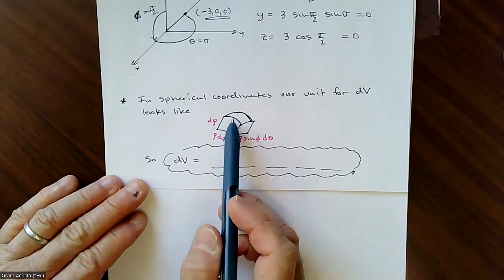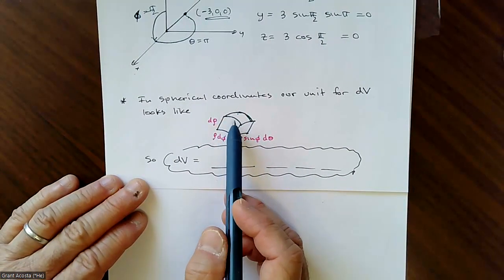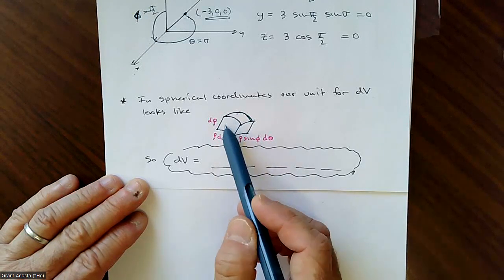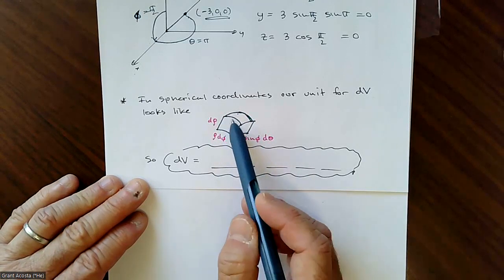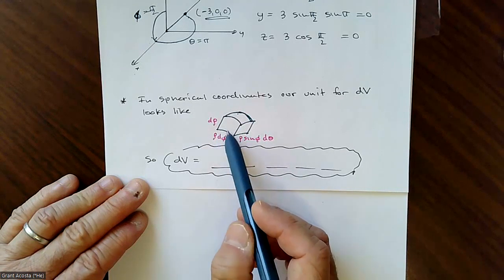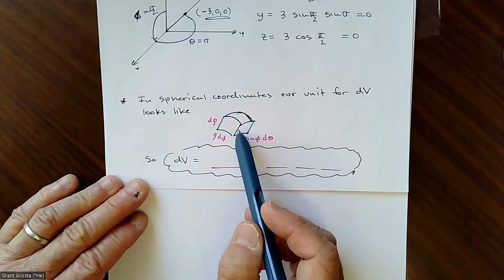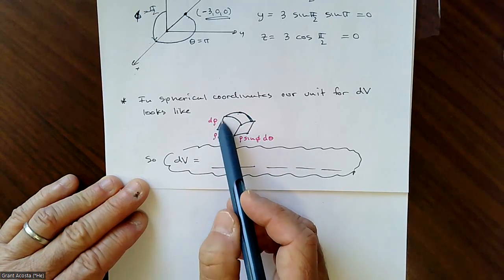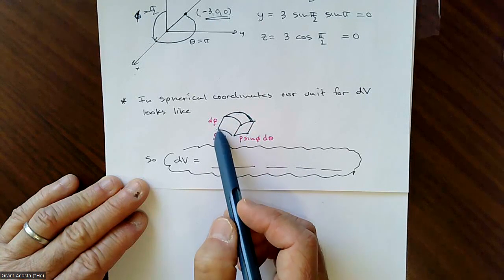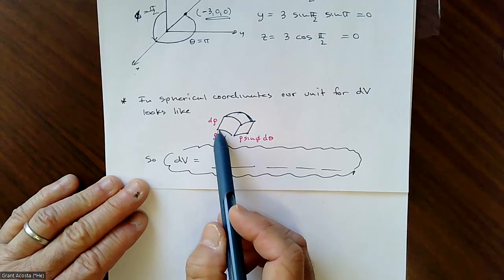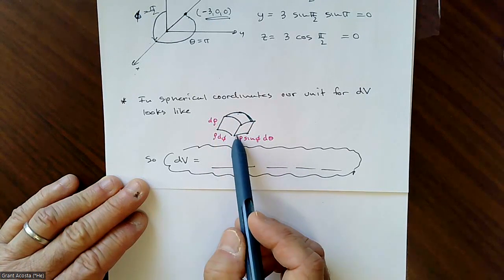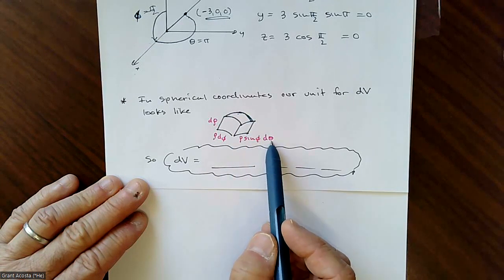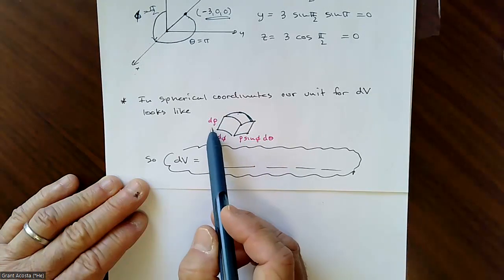Our little tiny unit of volume, if you can imagine punching a little tiny hole out of a sphere, a little sort of ice cube shape, but from a sphere, you would have some curvature along all the walls, really, except for these. This would be a small increment in the radius of the sphere. That would be d rho. This would be rho d phi, and it can be shown that this dimension here would be rho sine phi d theta.